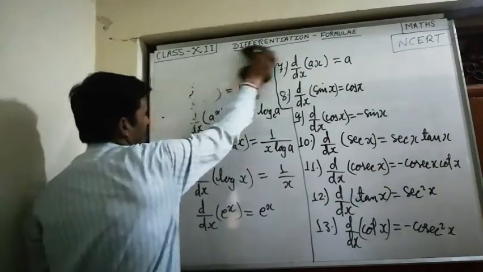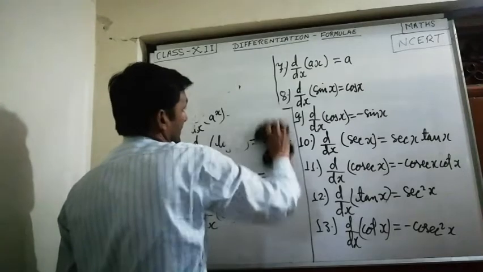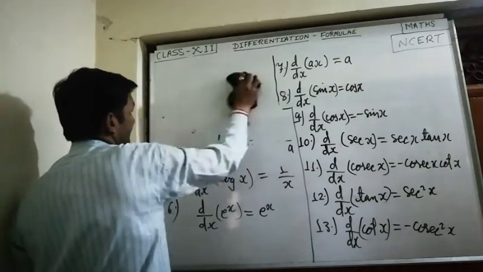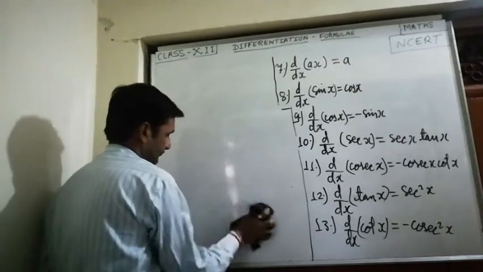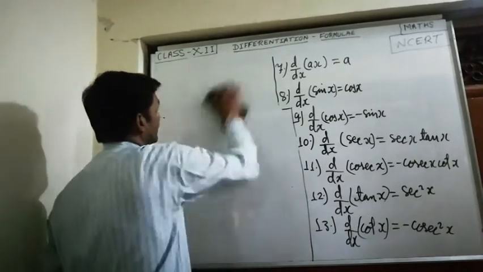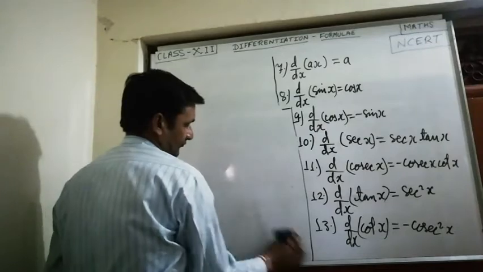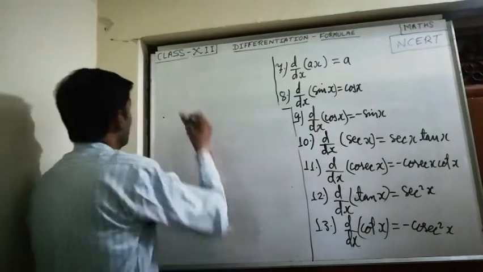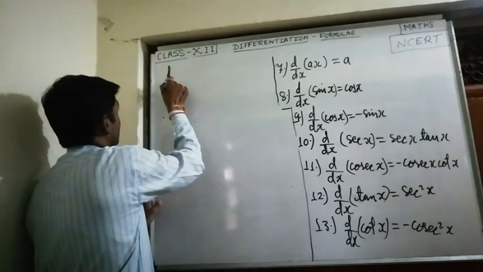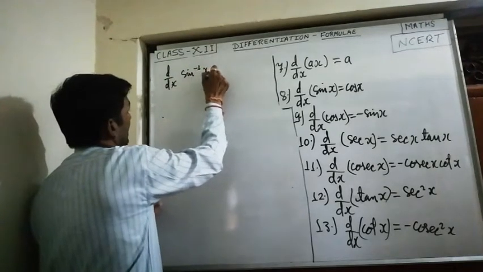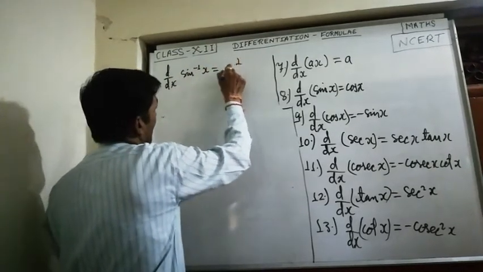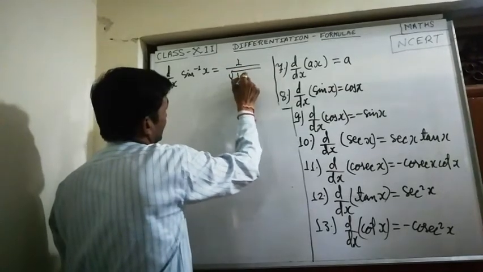Now after 13-14 formula I am explaining. Differentiation of sine inverse x. It will be 1 upon root 1 minus x square.